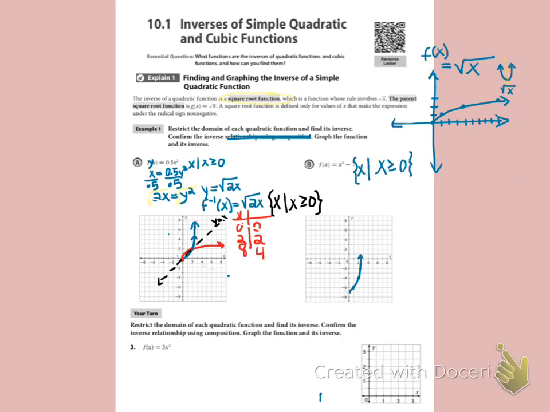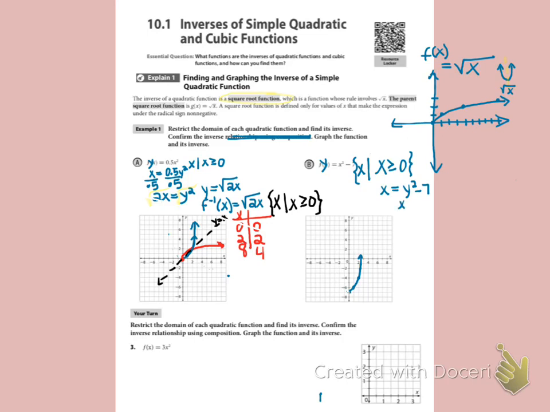So now I'm going to write the inverse. So again, we're going to replace f of x with y, and then we're going to switch those up. And when I do that, that's going to give me x is equal to y squared minus 7. And so then I want to go ahead and solve for y. So step 1 is I'm going to want to bring this 7 to the other side. So I've got to isolate that y squared.